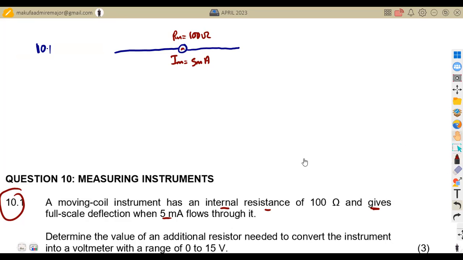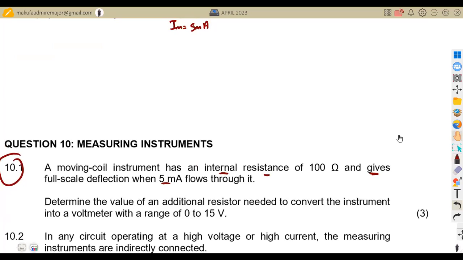But adjustments are being made on this instrument. They are saying determine the value of an additional resistor needed to convert the instrument. Take note, we can convert it to measure either voltage or current. Here they want to convert the instrument into a voltmeter with a range of 0 to 15 volts, meaning it can measure up to 15 volts.